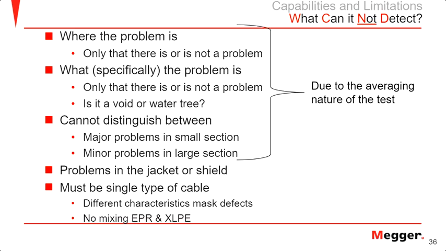So if you're mixing XLPE and EPR cables, then tan delta test numbers would not make sense to you because your IEEE standard gives you a specific guideline. Based on this number, you should have a cable that doesn't require any more investigation, or it does require investigation, or there is immediate action required. So depending, and it is only made for specific installations. So if you're mixing cables, then you might be masking certain defects.